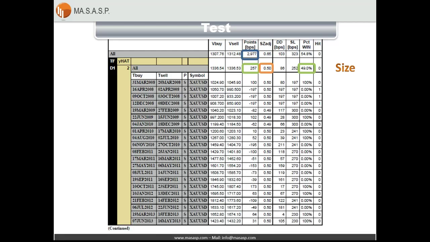Here, Y-hat equals 2, then the position size is 0.5 because just 2 of the 3 base learners voted for going to the market. If we had had 3 votes here, position size would have been 1.